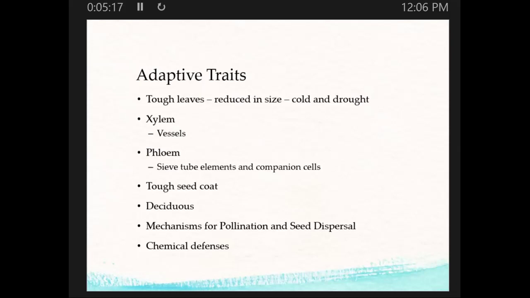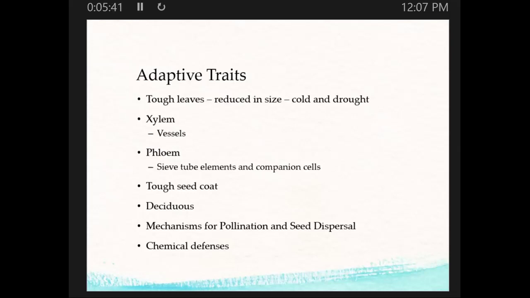They have xylem and phloem that allow for the flow of water, minerals and nutrients. And first of all, they develop a seed rather than a spore for dispersal. That's huge. And then a really tough seed coat, so seeds can stay viable for long stretches of time.